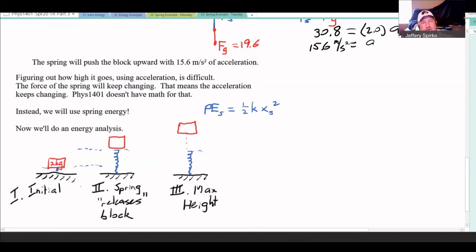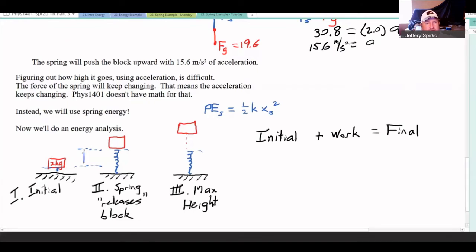So our basic idea of conservation of energy is we're going to try to do initial plus work equals final. We need to figure out how much energy we have initially, and then figure out whether work is a thing that we have to include in our energy analysis. And then we have to figure out how much energy we have at the end and how it's related to things we want to know.